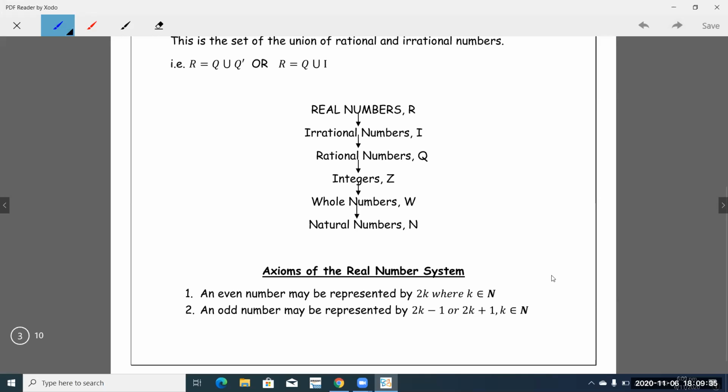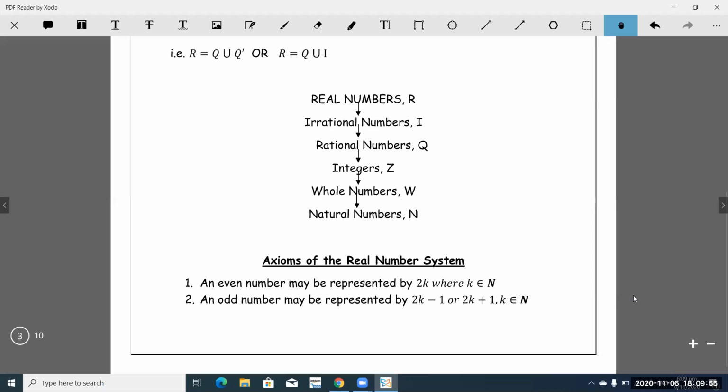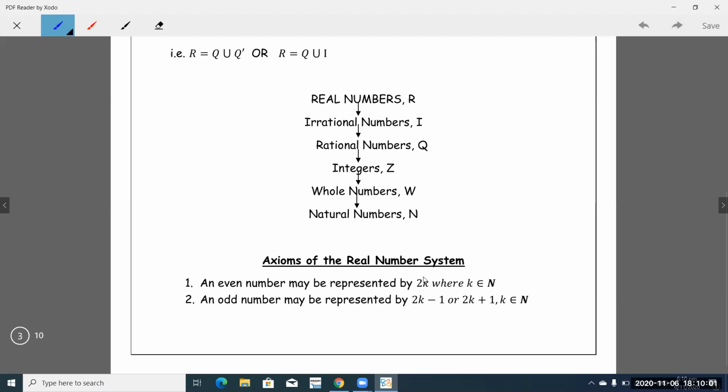Now tell me why you think an even number can be represented as 2k. Does it have something to do with complex numbers? No, nothing with complex numbers. So it would be 2 times whatever the number is. Very good.